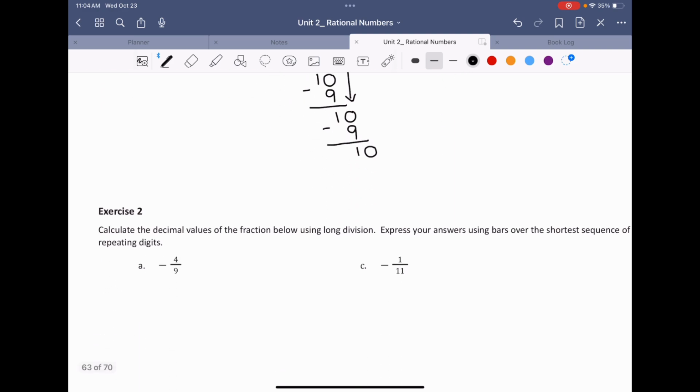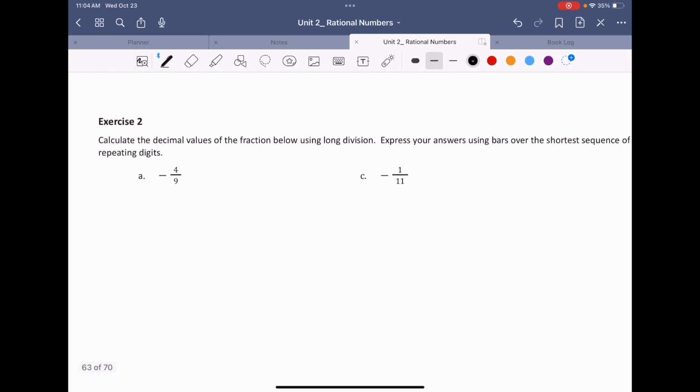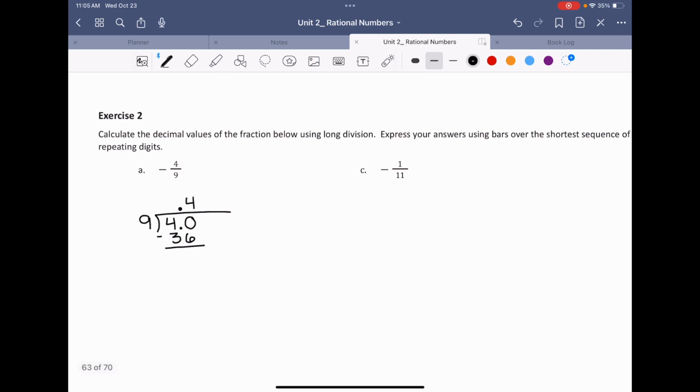Let's try another one. So I'm going to push over my fraction. 9 is out on the front, 4 on the inside, add a decimal. 9 does not go into 40 evenly, but 9 times 4 is 36. When I subtract them, 40 minus 36 is 4.